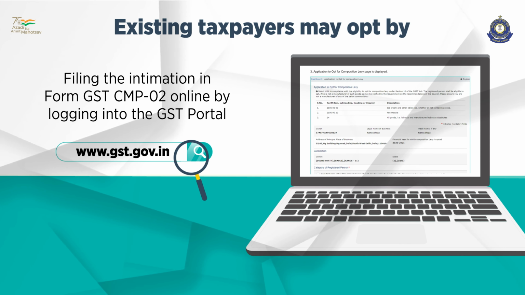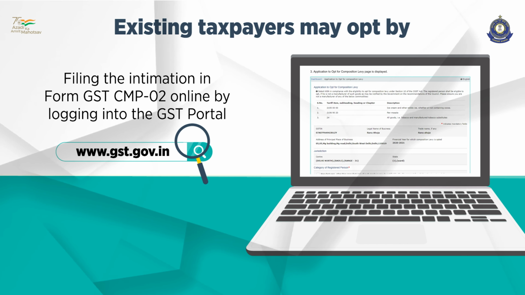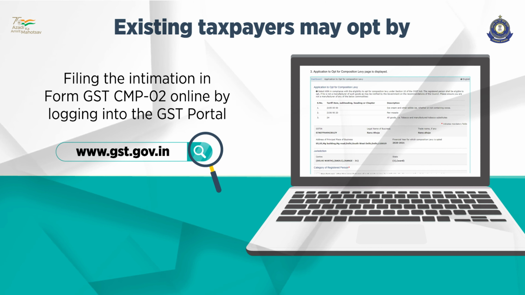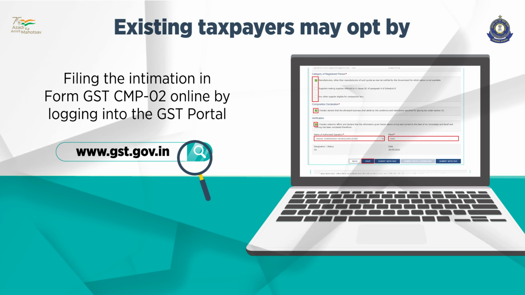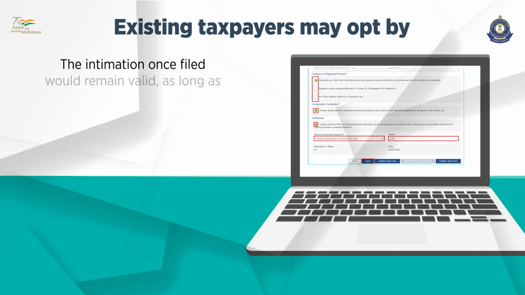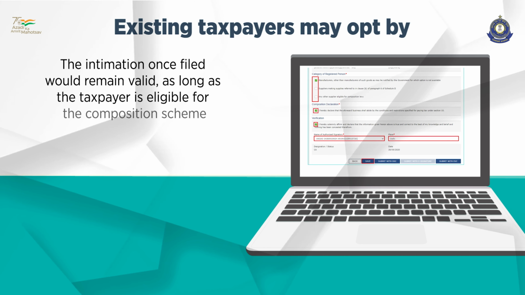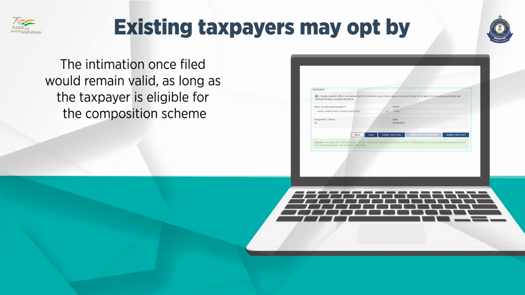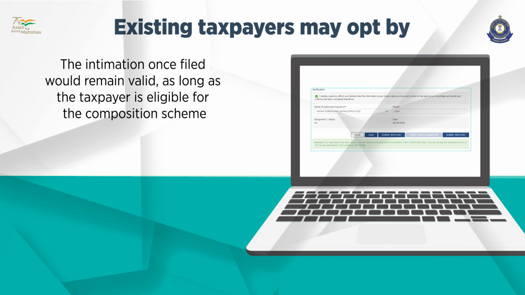This can be done online by logging into the GST portal. This intimation should be given before the beginning of the financial year. The intimation once filed for the scheme would remain valid as long as the taxpayer is eligible for the composition scheme under GST.